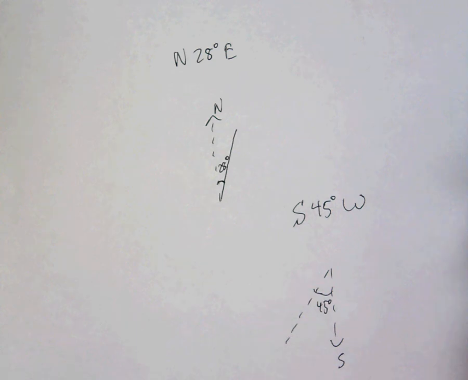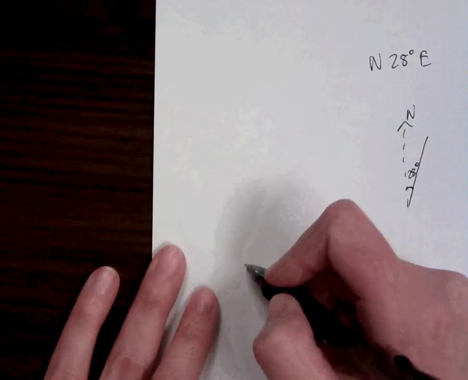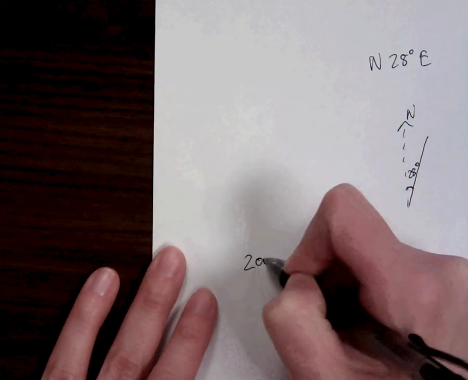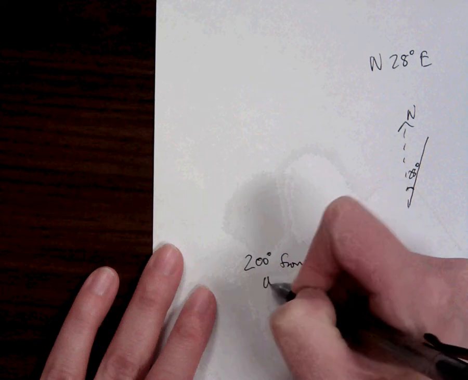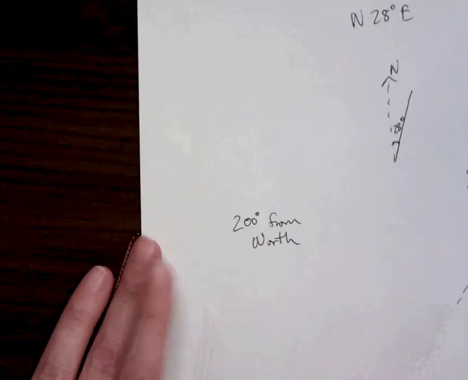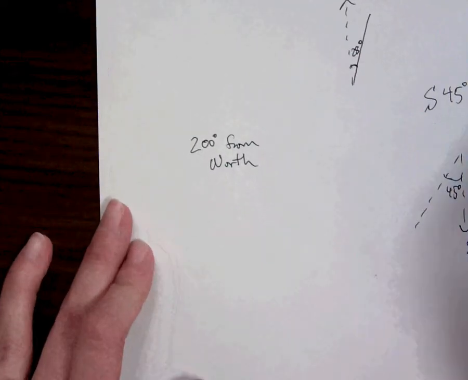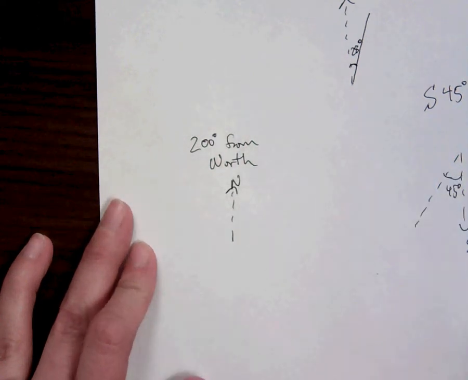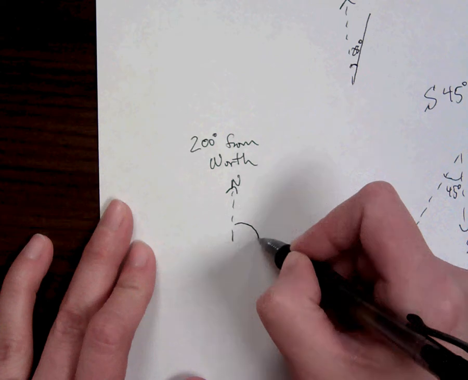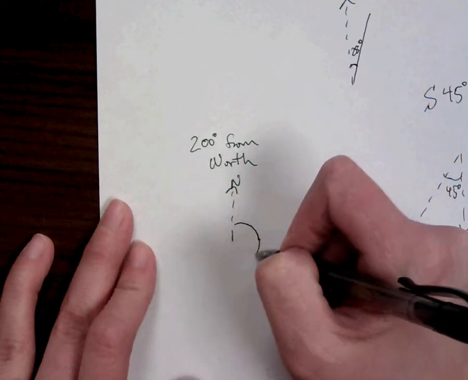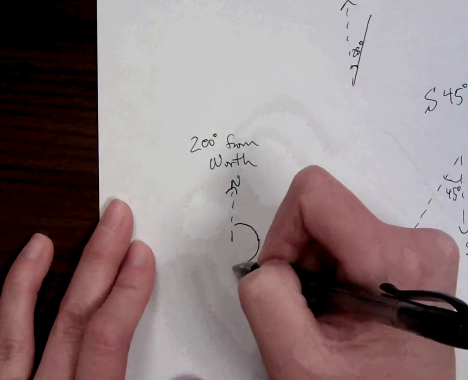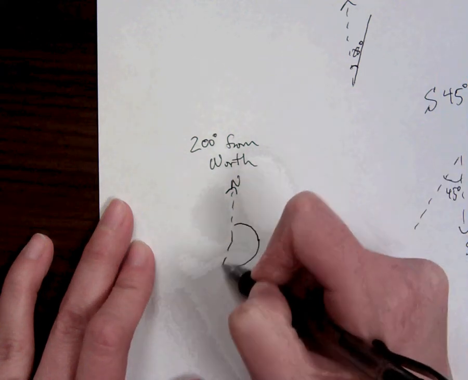Another way to say bearing is to say something like 200 degrees from north. What we mean then is we have to go all the way around: from north, this much would be 90, all the way straight down south would be 180, so 200 degrees would be just past that.